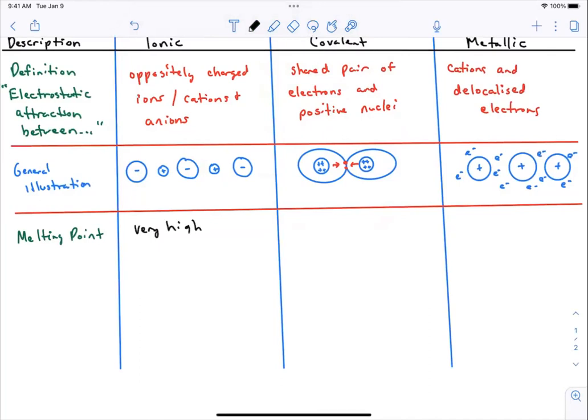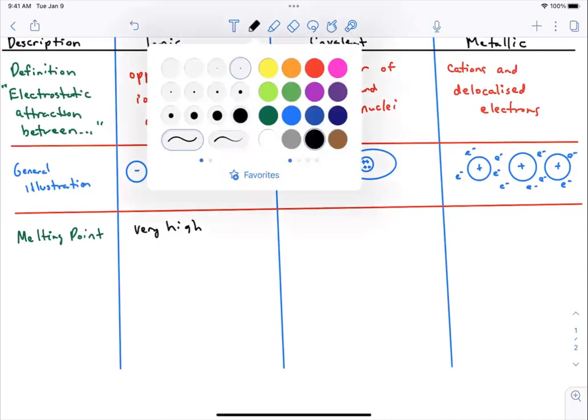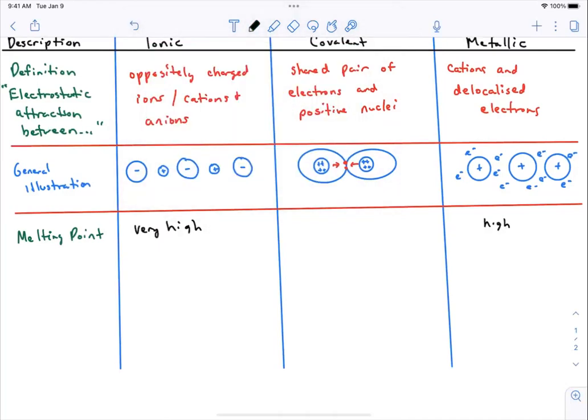We're talking about above 1,000 degrees Celsius for these ionic compounds. For metallic, you would say high, like maybe medium to high. So that's in the hundreds of degrees Celsius, but not as high as ionic compounds.